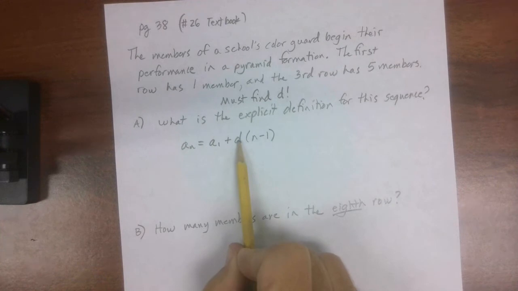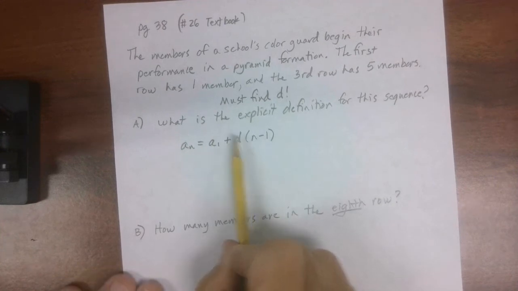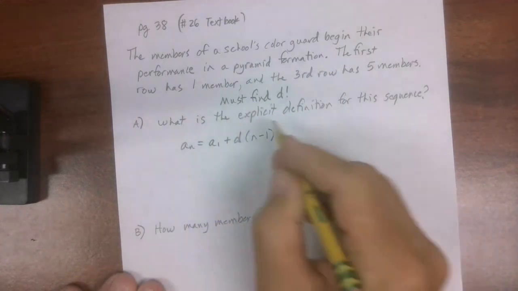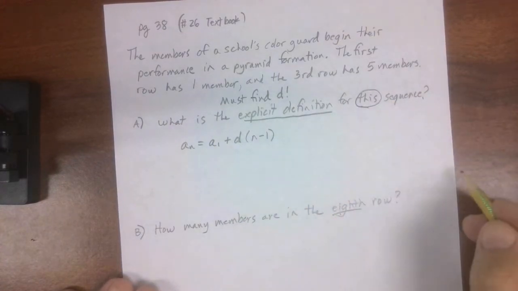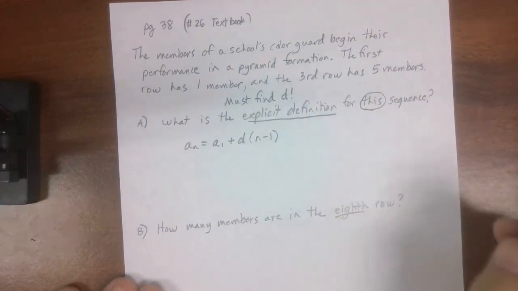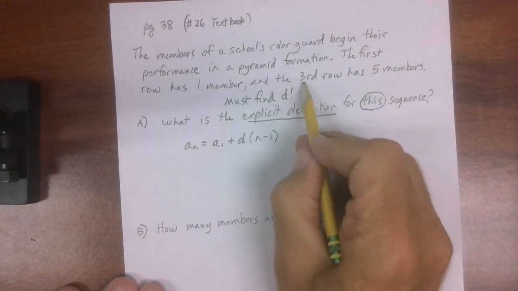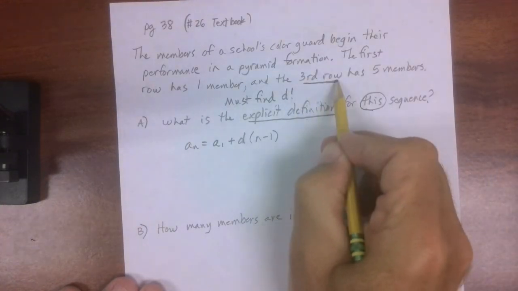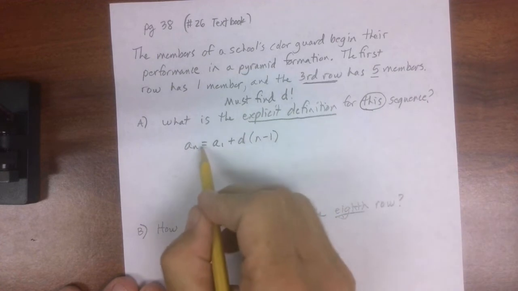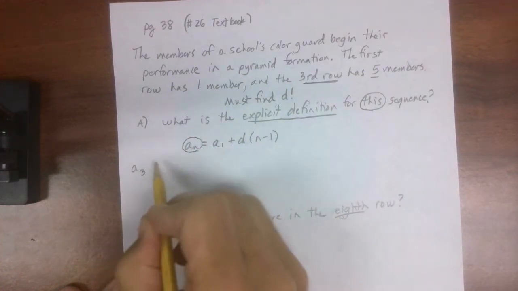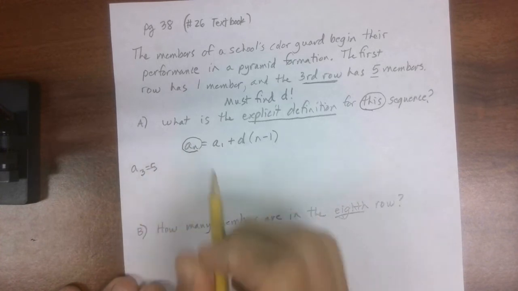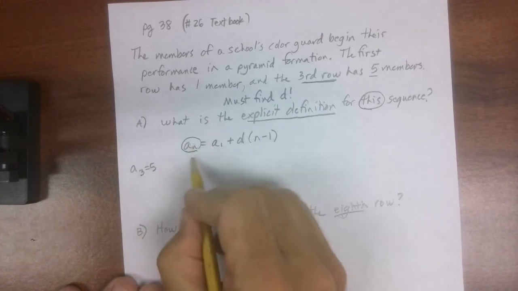We're going to use this formula. But the question asks, what is the explicit definition for this sequence? Well, all we know is the third row in this situation has 5 members. So, in the back of my mind, I know the third row has 5 members, so I'm going to replace that with 5.